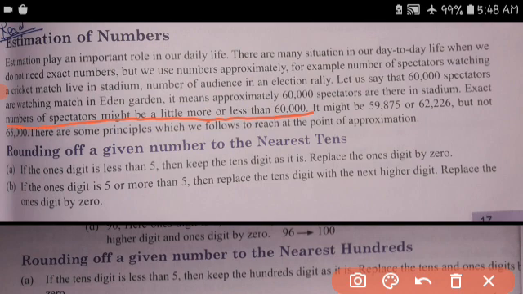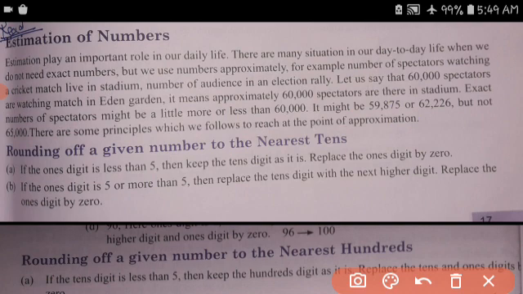It might be 59,875 or 62,226, but not 65,000.